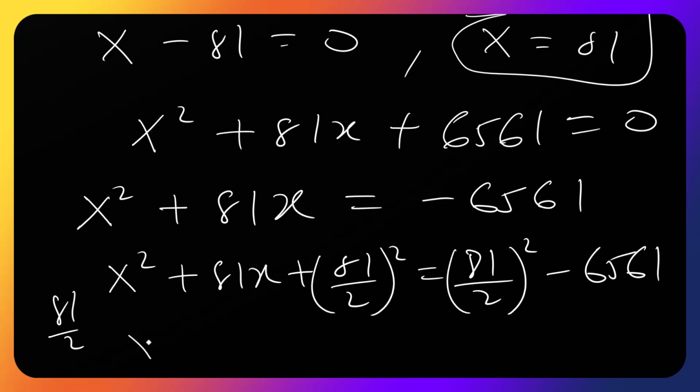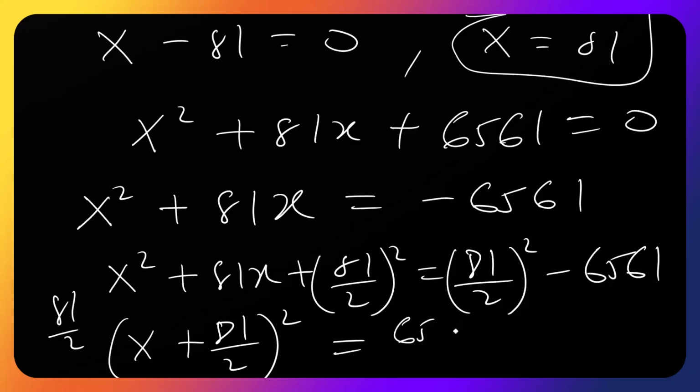So that will be x plus 81 over 2, squared, equals 81 squared, that will be 6561 over 4 minus 6561 over 1.